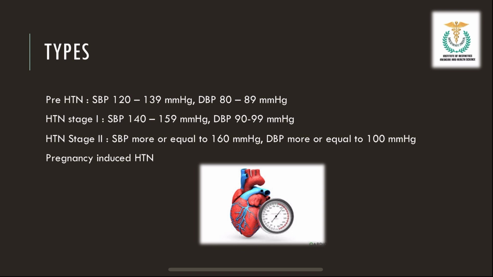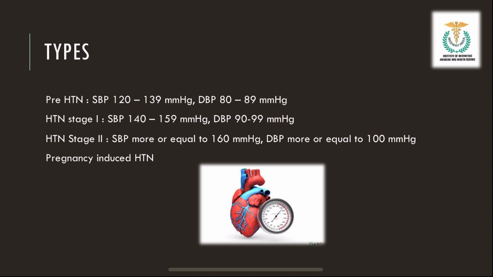In pre-hypertension, the SBP will be 120 to 139 mmHg, and DBP will be 80 to 89 mmHg. In hypertension stage 1, the SBP is 140 to 159 mmHg, and DBP will be 90 to 99 mmHg.